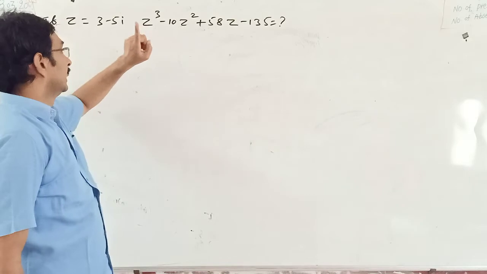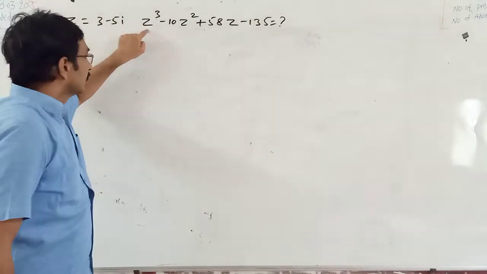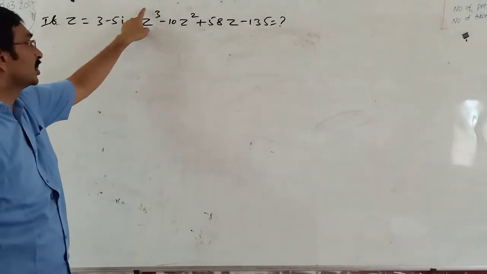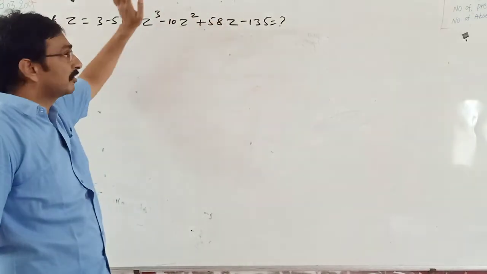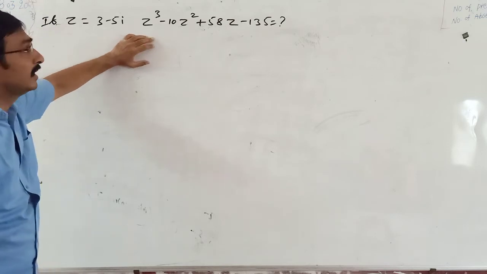First method, just substitute this in the place of z and simplify, applying the (a minus b) whole cube formula and (a minus b) whole square formula. By simplifying, get the required value. But that calculation is too lengthy.